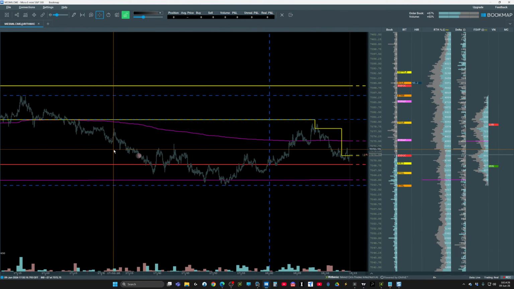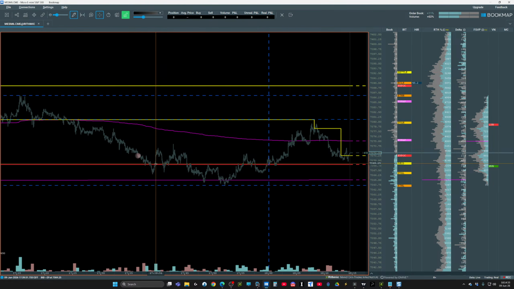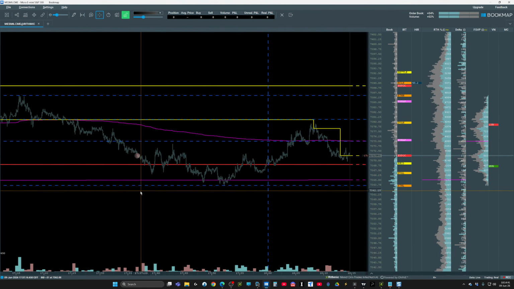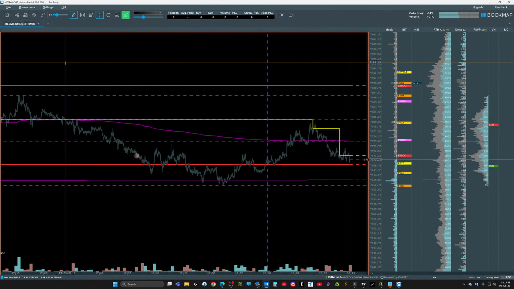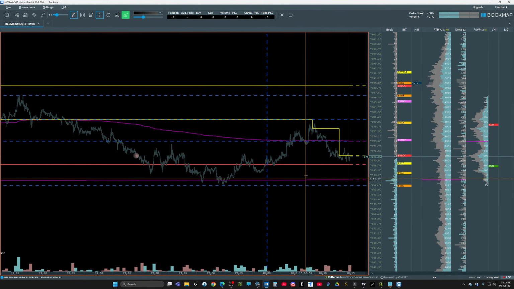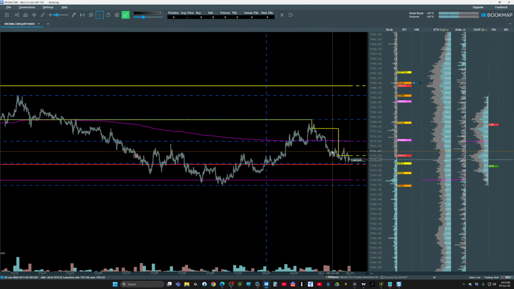And then 73.75. And then 69.25. Now, these are just the zones.